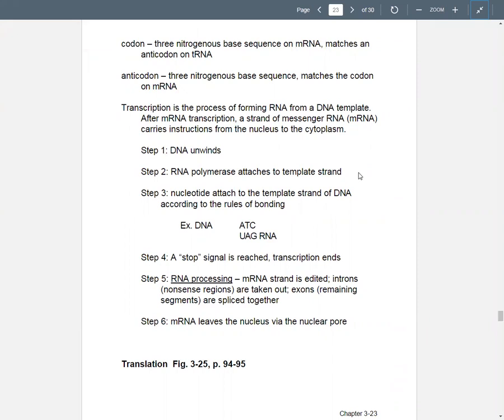You have a nitrogenous base sequence on the mRNA, and it's going to match an anticodon on your transfer RNA. So the mRNA has codons. The anticodon is going to be on your transfer RNA. And again, it's going to match the codon on your mRNA.